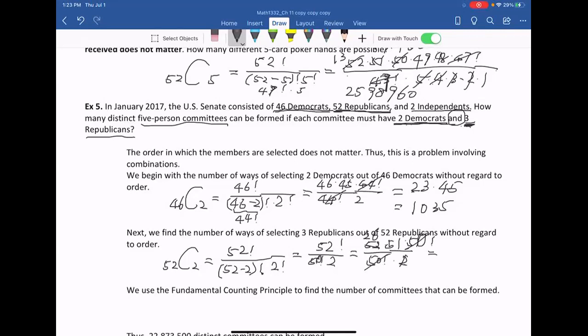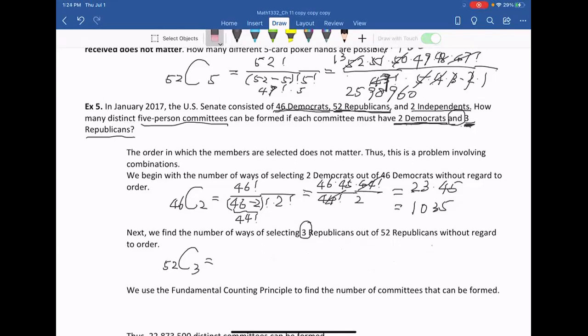Oh no, I made a mistake. We are selecting 3 Republicans out of 52, so here should be 3, not 2. So read the question carefully.